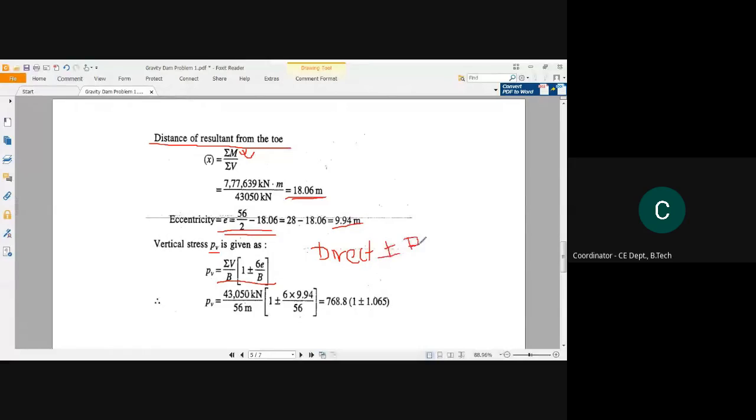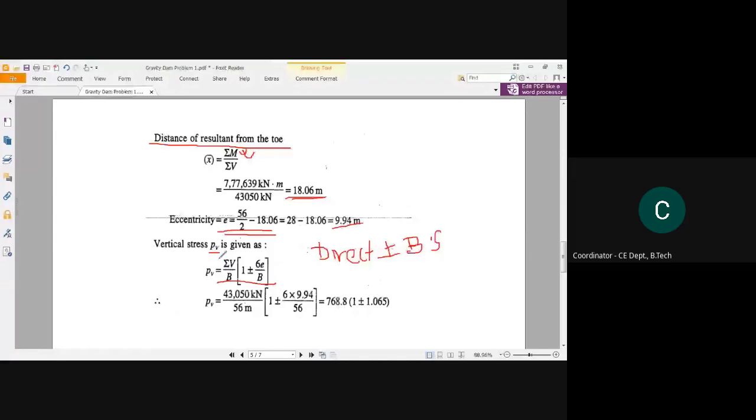So the direct stress was the summation of the vertical forces over the width B, plus minus the vertical forces into that distance, which gives the moment. So moment divided by b square by 6, that section modulus was b square by 6. So by taking the common summation of V by B, we will get in the bracket 1 plus minus 6e by b.